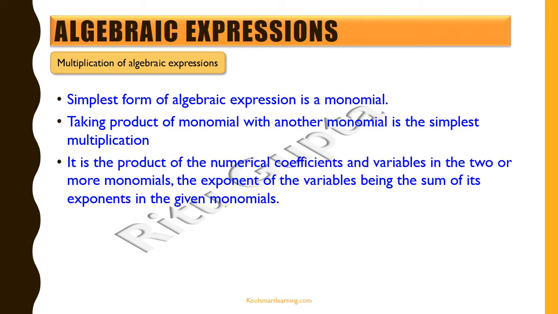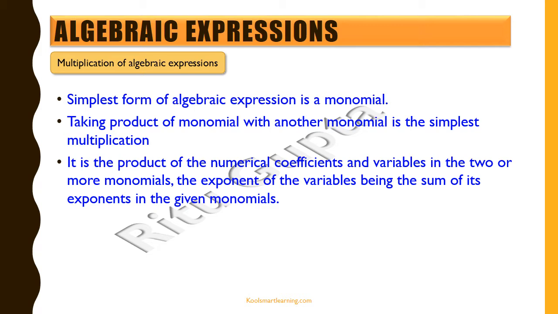Now when we take two monomials and we multiply them, the product is simply the multiplication of the numeric coefficients and the multiplication of the different variables which are present in one or more monomials. Now, if the same variable is present in more than one monomial, then we need to add the exponents of that variable from all the monomials to get the final product.